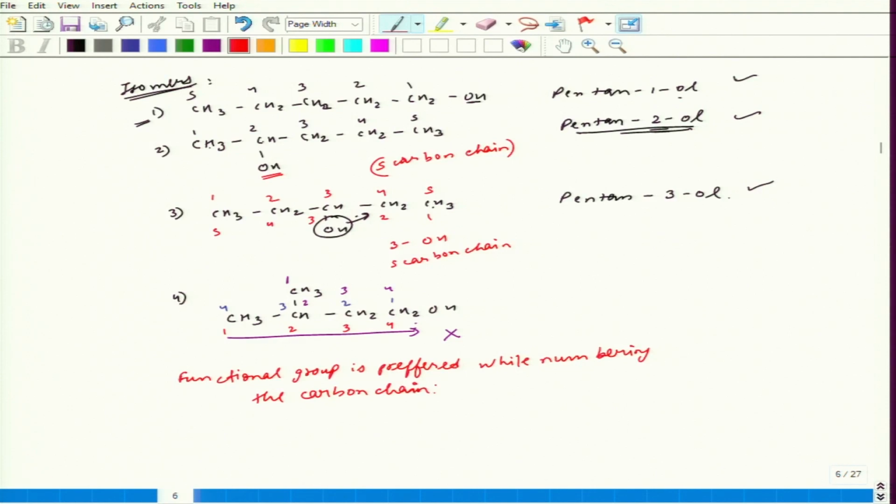For example, in this case, if I am going in this direction, the methyl group is coming on the second position, but the alcohol group is coming on the fourth position. So this will not be the case.